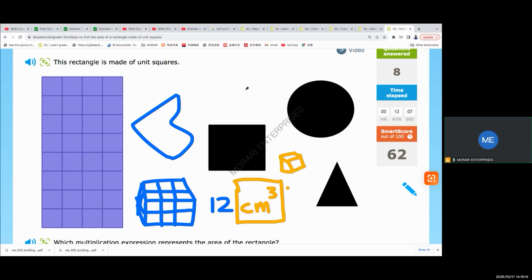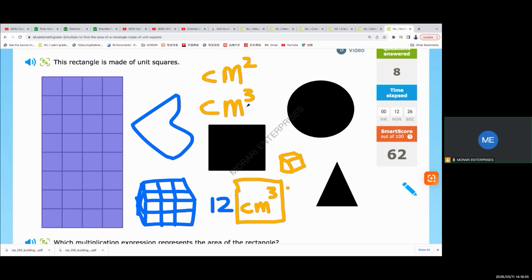For flat spaces, we can fill them with squares, centimeter squares. If we put the 2 up there, it means squares. Or we can fill spaces with cubes, centimeter cubes. You put the 3 here as a superscript, and it means cube.